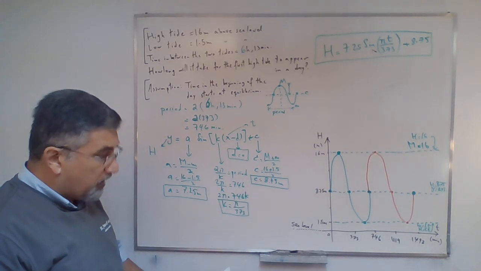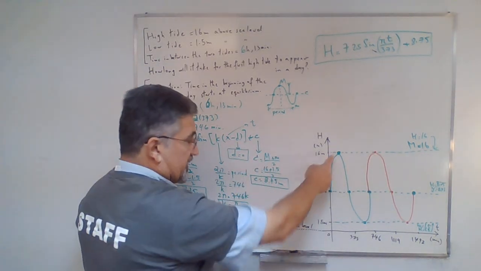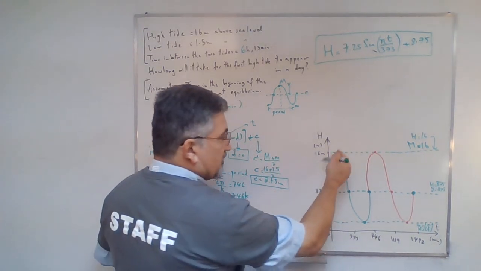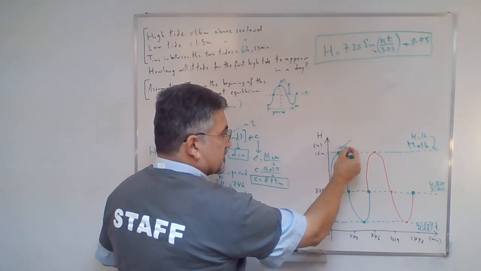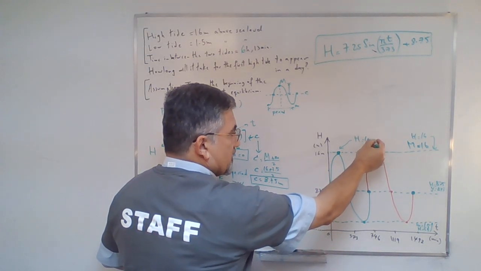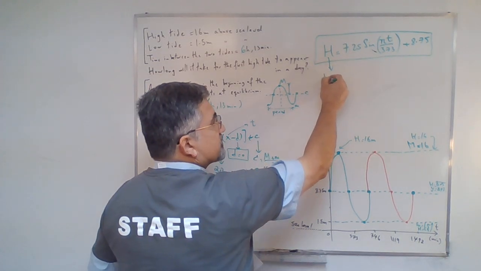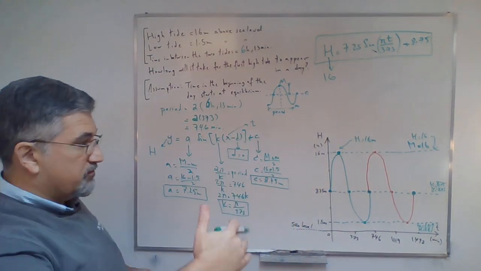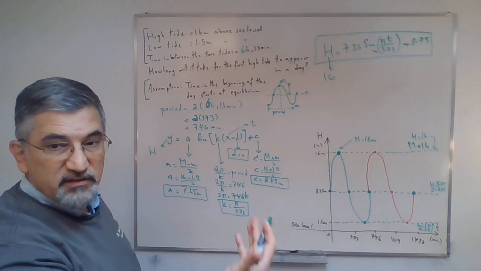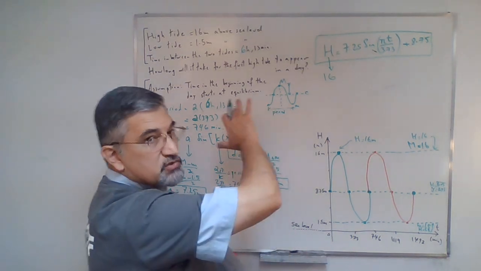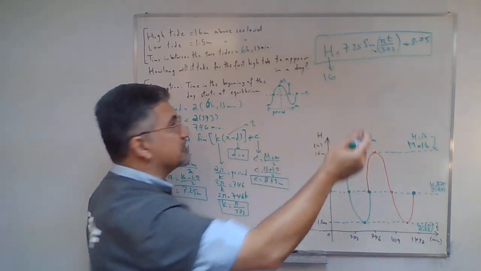So the first time that we end up with the high tide, the height here is actually 16 meters. So we can plug in 16 for the height, because that's the first time that the high tide happens, and then we can solve the equation for time t.